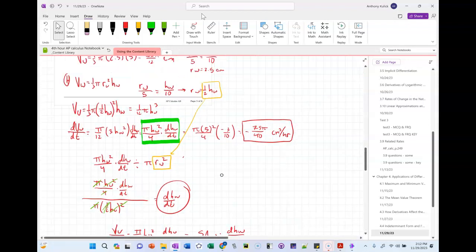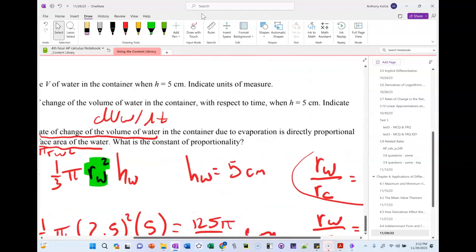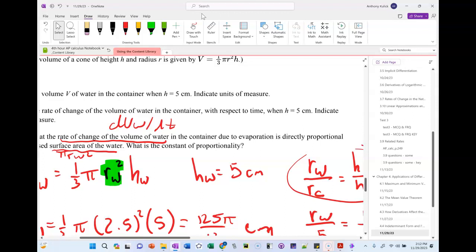Yeah. Okay. So if I want to show that these are directly proportional, we say that x is directly proportional to y if and only if x is equal to k times y. That's what directly proportional means, that the only difference between them is some constant multiple. So that's what I needed to show.